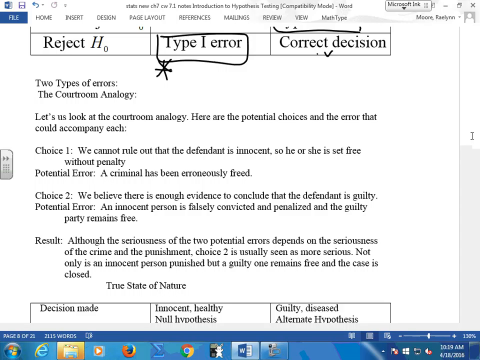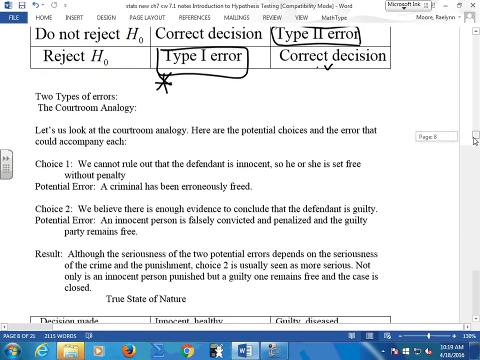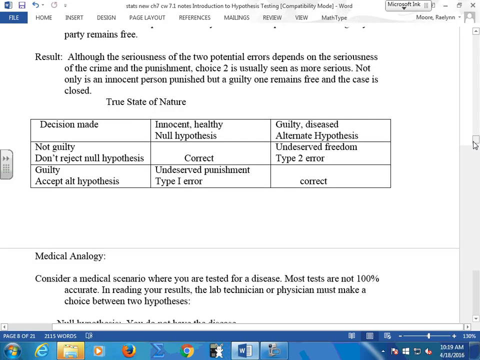So there's two kinds of errors that can happen here. And what you want to make certain of is which one is the potentially worse error. If your person was innocent and we showed he was not guilty, we made the correct decision, right? Innocent, we said not guilty, he goes home scot-free. Everything's good. The person was innocent, but we rejected that decision.